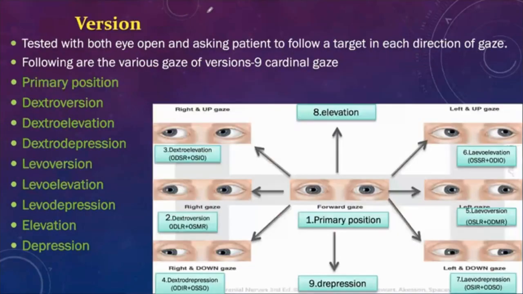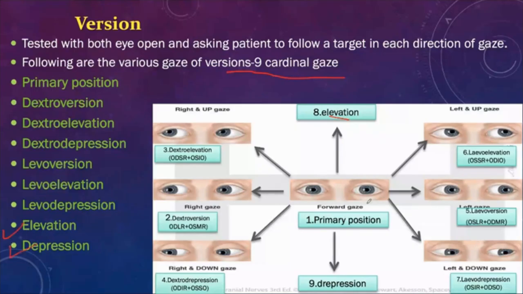Then we have the version, which is a binocular, conjugate, simultaneous movement of both eyes toward the same direction. So according to the directions, we have 9 cardinal gazes, or we have 9 versions. This is the primary position that we have mentioned. If both eyes elevate together, this is called elevation. If both eyes depress together, this is depression.